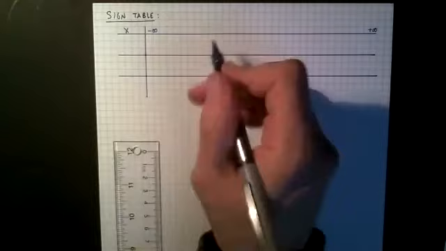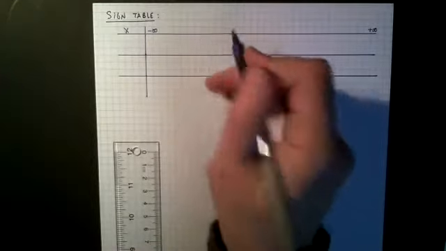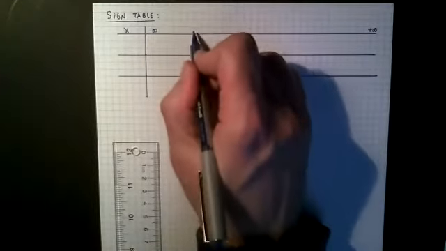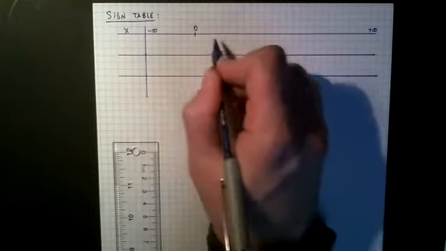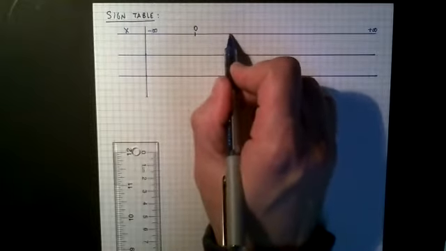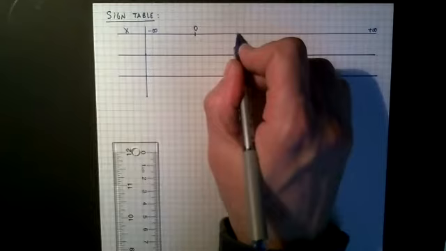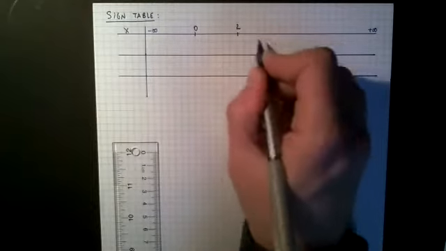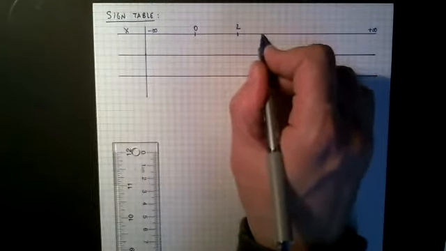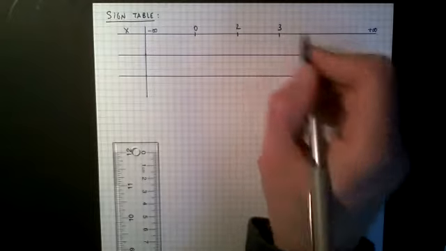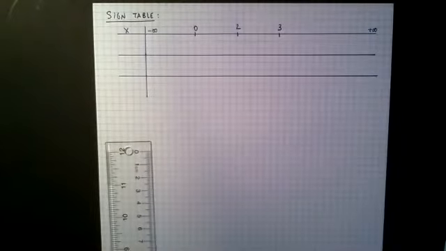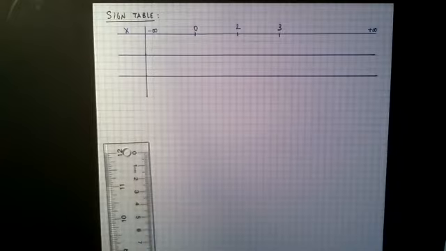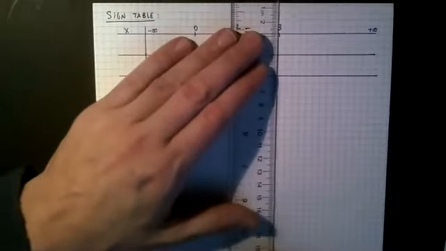I'm not expecting that. If you want to do it, good, but you don't have to. So I'm going to put 0, 2, 3. These are my 3 important values of x.